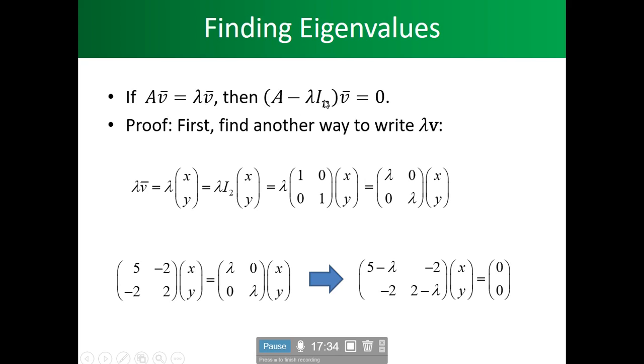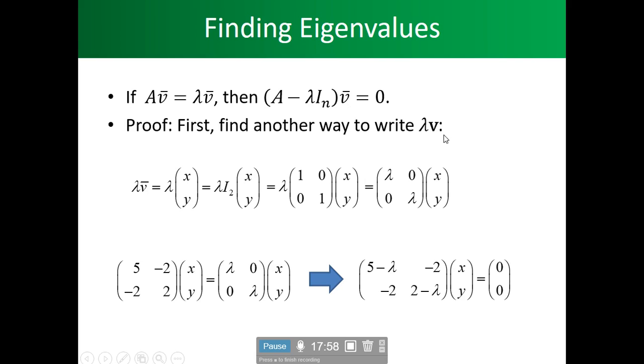To add and subtract them, they have to be of the same dimensions, so we use the identity matrix times lambda. So that'll be A minus lambda times the identity matrix. All of these are multiplied times what? The eigenvector. Okay, proof starts.